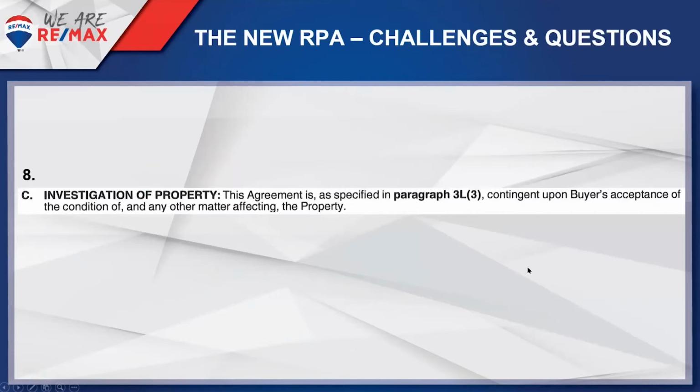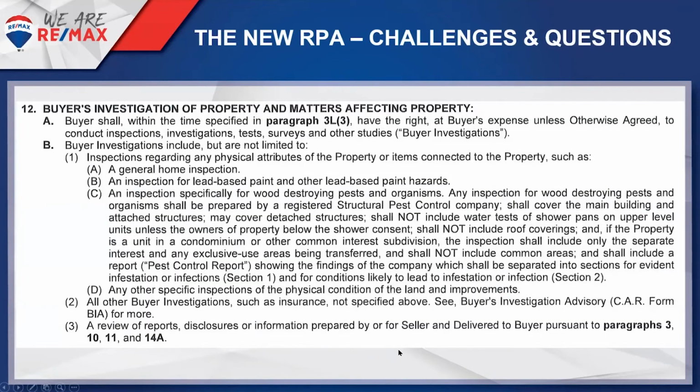Investigation of property is contained in two paragraphs. One is 8C, pretty straightforward. And then paragraph 12 has quite a bit of detail about the investigation of the property. And it does a nice job of explaining the various components of investigation of the property. So when you look at the form, you can see as you go down the form, it conducts investigations, inspections, tests, surveys, and any studies.